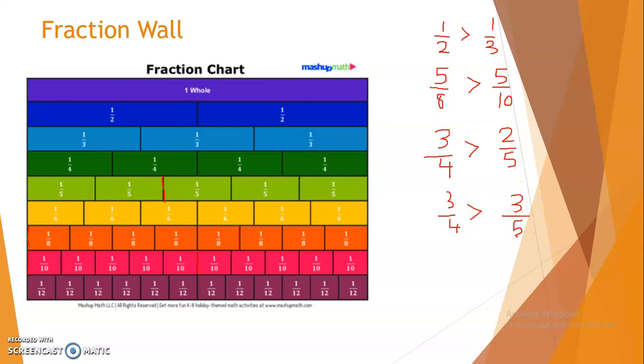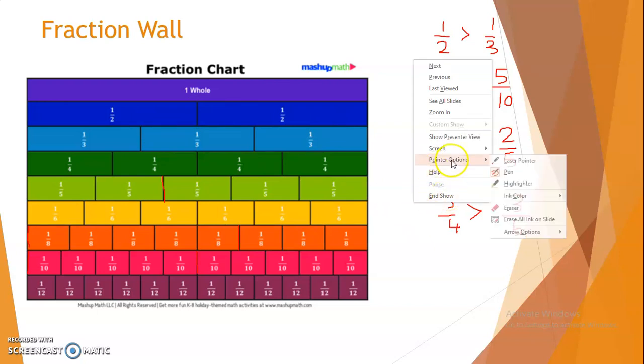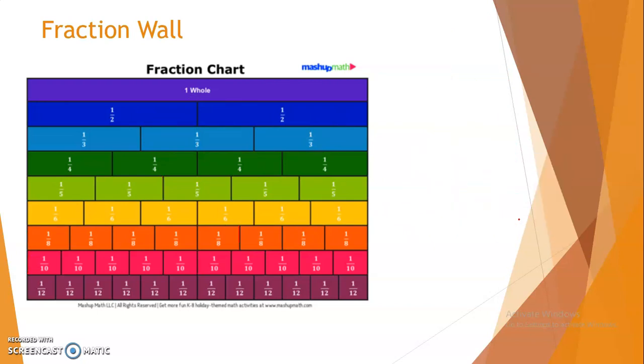Like this, you can identify n number of fractions. That is, you can find as many fractions as you want that are greater, by looking at this picture. Similarly, we can also find fractions that are smaller.